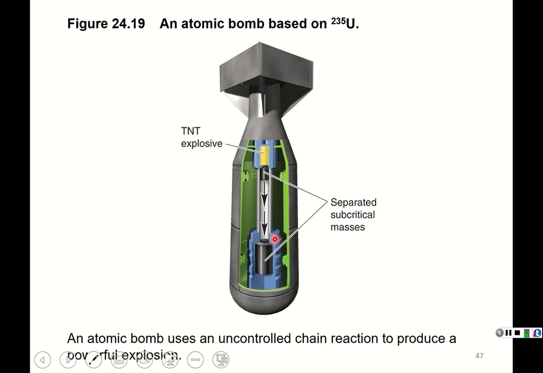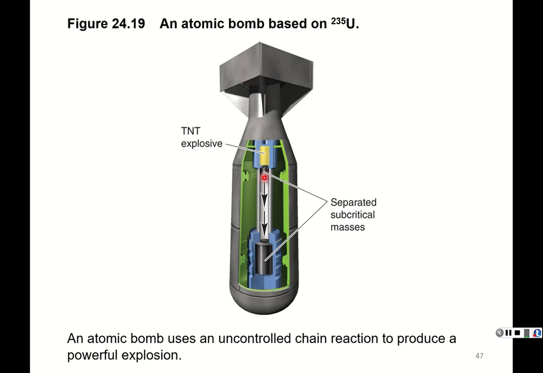This was the first nuclear weapon design, and it was very simple. You took two pieces of uranium that were subcritical, so the masses of them wouldn't themselves just spontaneously go into fission and create a chain reaction.